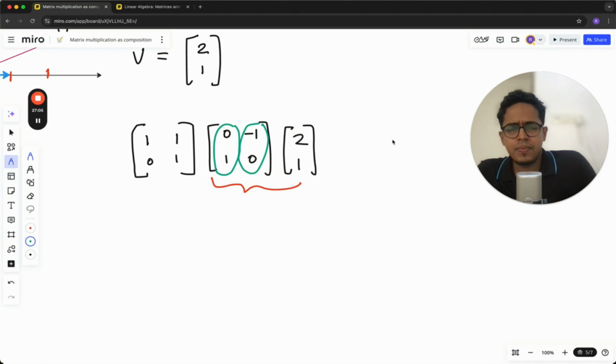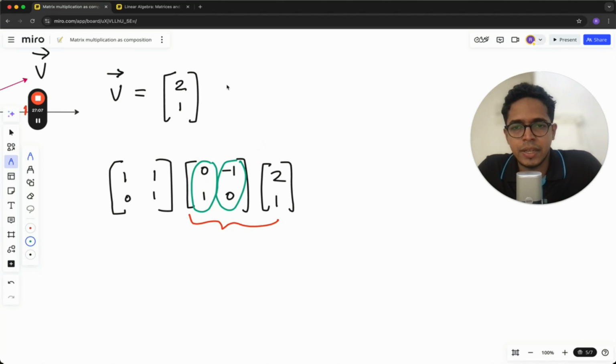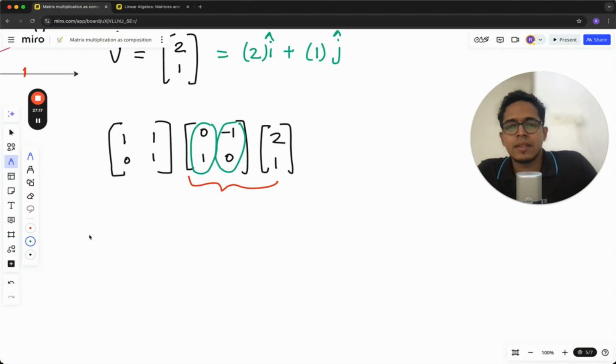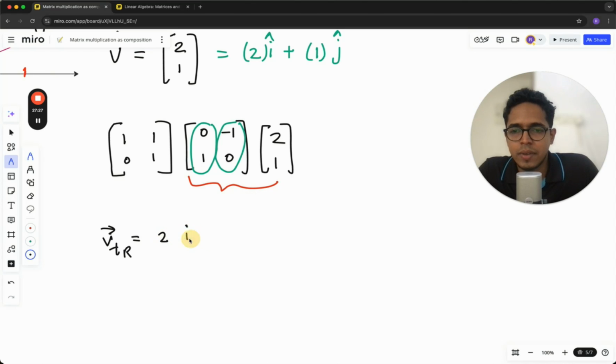So if the original vector was denoted by 2i plus 1j, then after the rotation transformation, the new vector v transformation rotation is nothing but 2 times whatever is the vector i after rotation transformation.